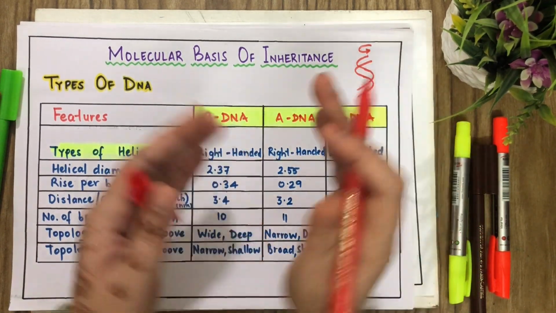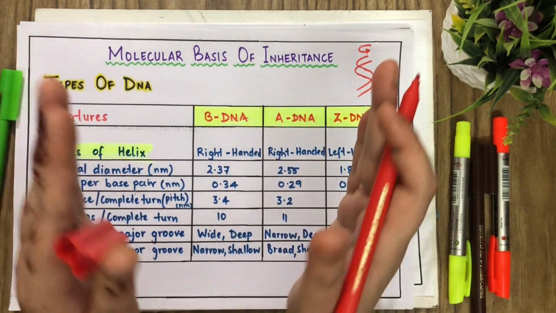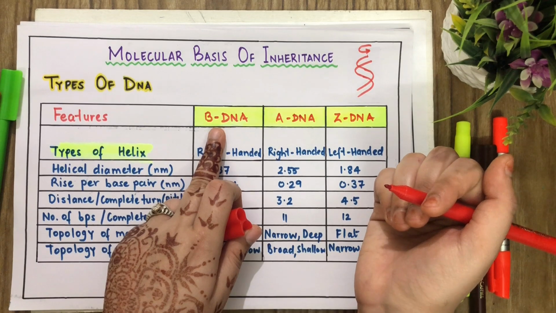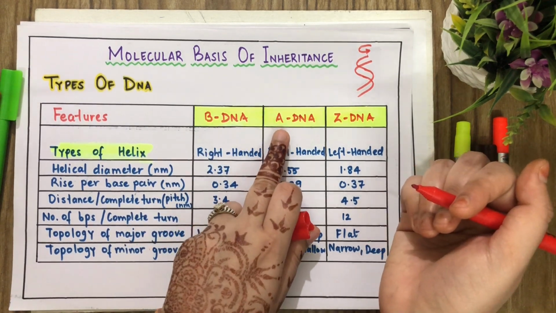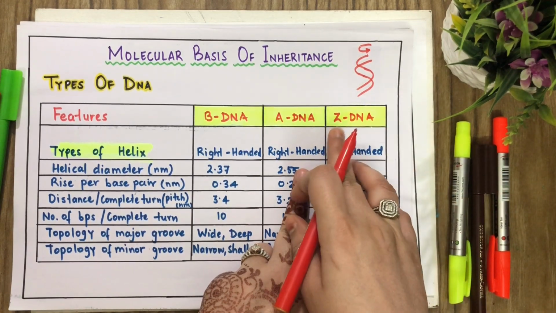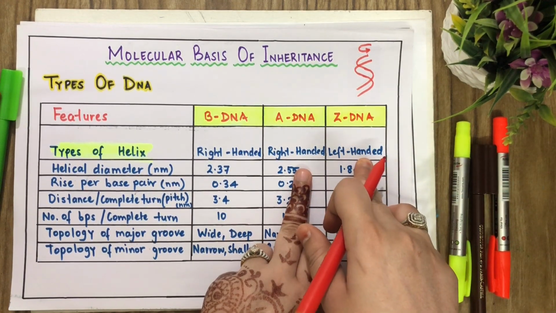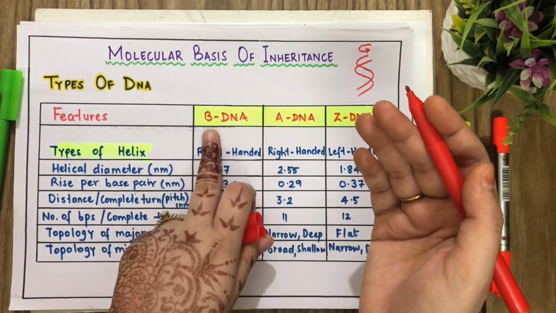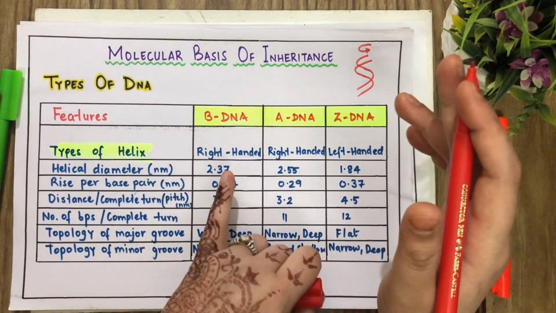If it's twisting in the right-handed fashion, then it will be a B DNA. The A DNA also is right-handed, but the Z DNA will be left-handed, means the twisting will be left-handed. But in A and B DNA, the twisting is right-handed.